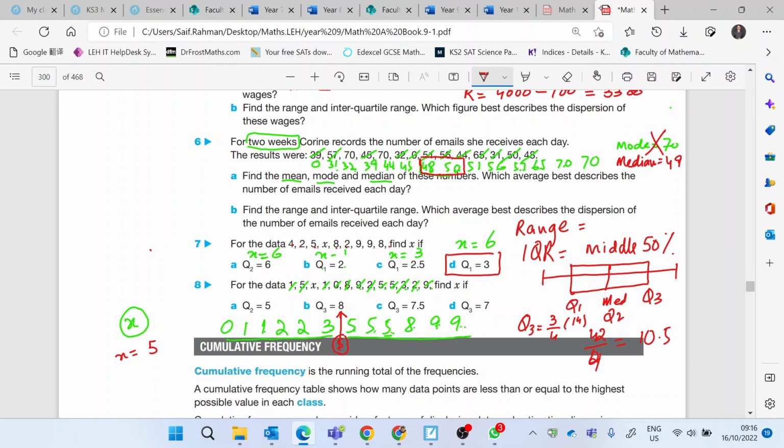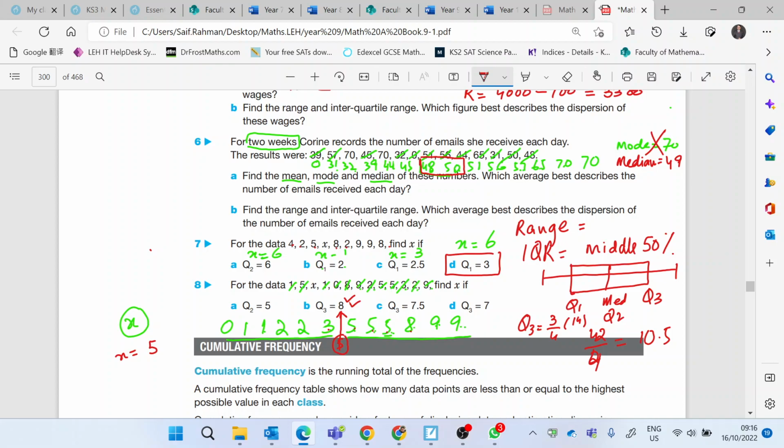Okay, so the average of the 10th and 11th value should be 8. 1 2 3 4 5 6 7 8 9 10. So the 10th and 11th value should be 8.